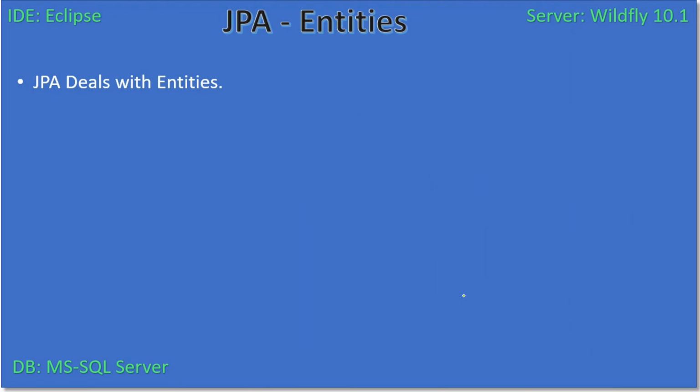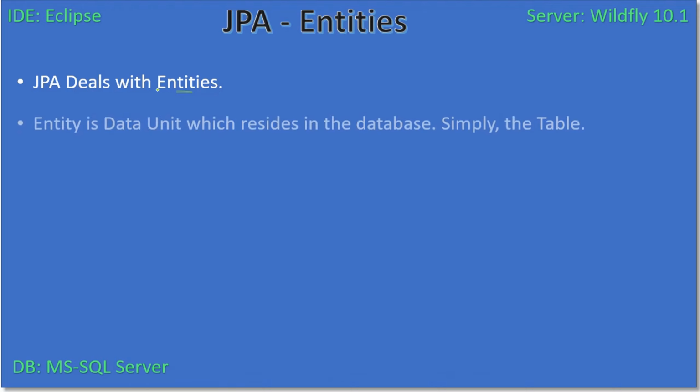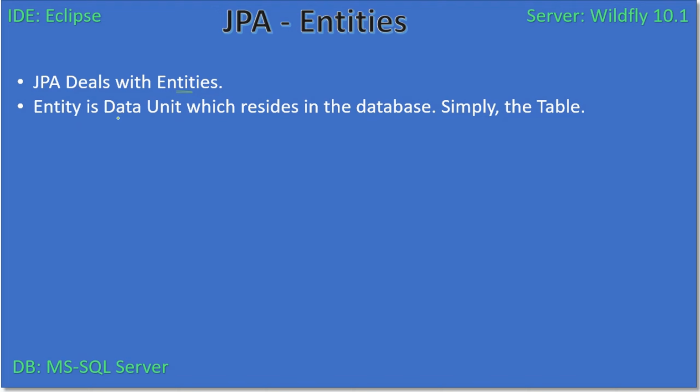So JPA deals with entities. Towards the end of this course, you will know very well what entities are. But for now, you can just look at it as JPA dealing with entities. An entity is a data unit which resides in the database, for example a table.